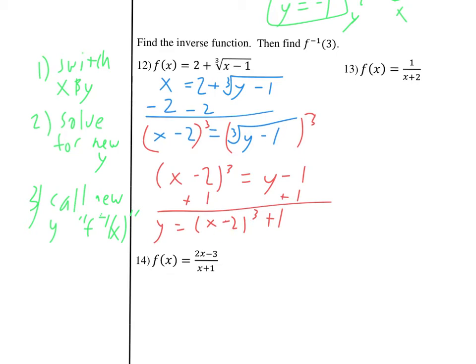You could write it 3 times and expand it. I don't think you need to do that. I would just leave my answer like that, but remember, I would relabel it, and I would call it f inverse of x equals x minus 2 to the third plus 1.